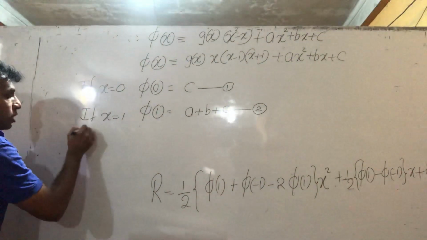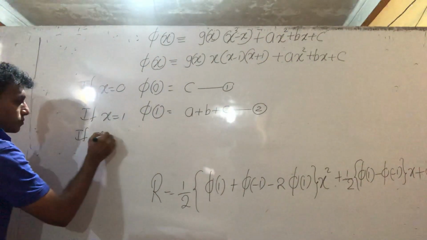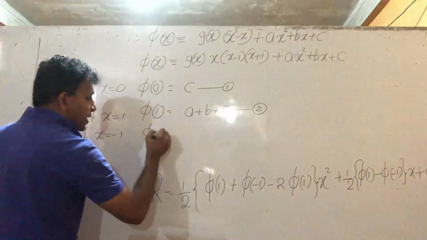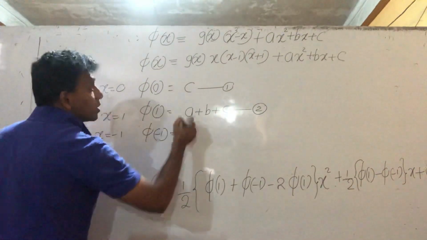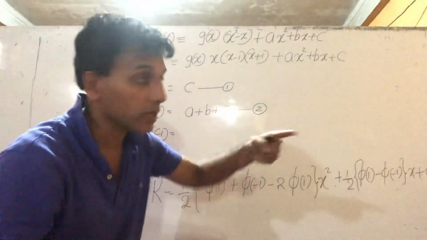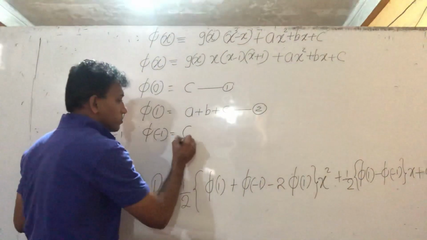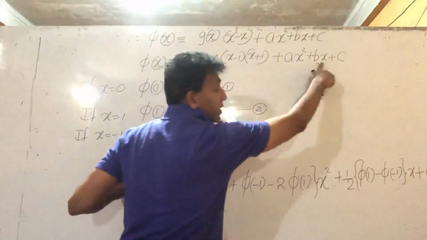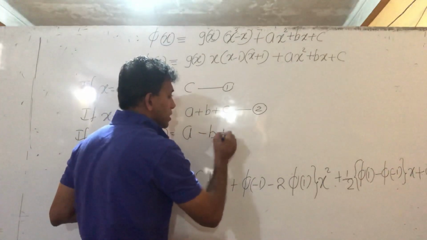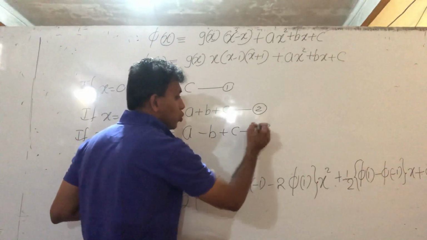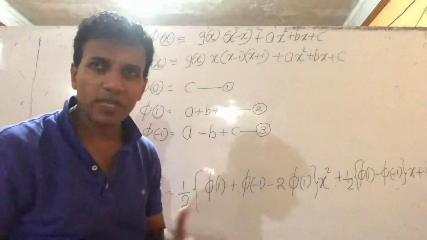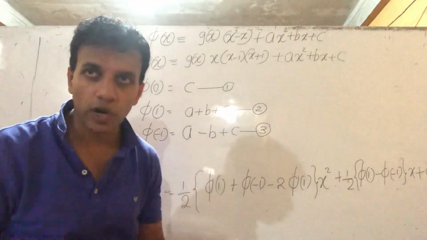If x equals minus 1, phi of minus 1, here 0. Put x for minus 1: square plus 1, 1 times a. Put x for minus 1 here, minus b, plus c, your third equation. That's after some intermediate or O-level knowledge.